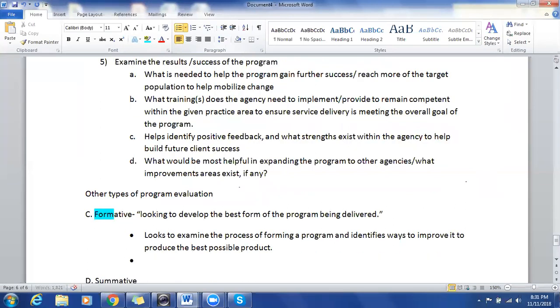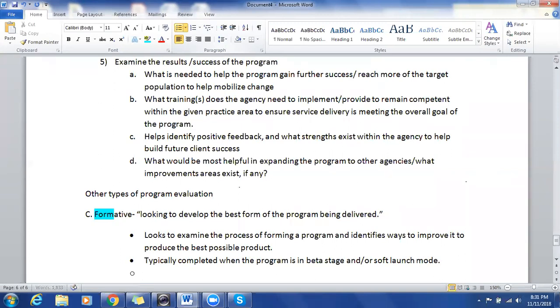And this is typically done when the program is in beta stage or soft launch mode.